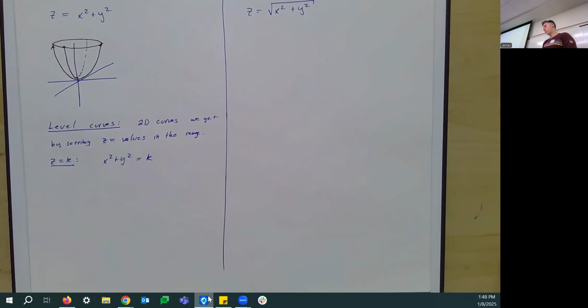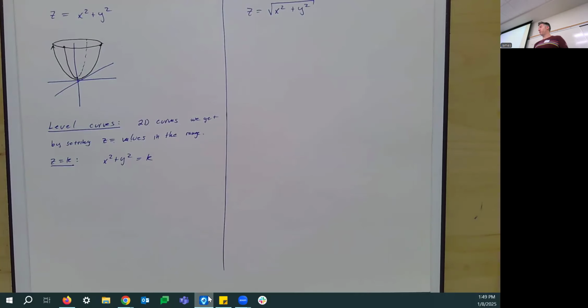Now, what kind of two-dimensional curve does this kind of equation typically yield? A circle. With what radius? Square root of k.